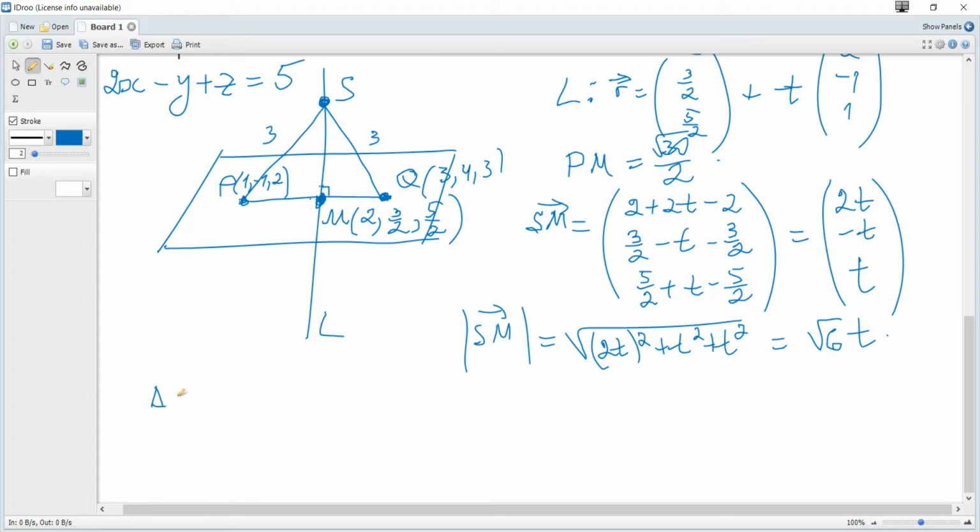Hence for the triangle PMS it becomes 3 squared, 9, is equal to the sum of squares. It's PM squared plus SM squared is equal to 30 over 4 plus 6t squared.